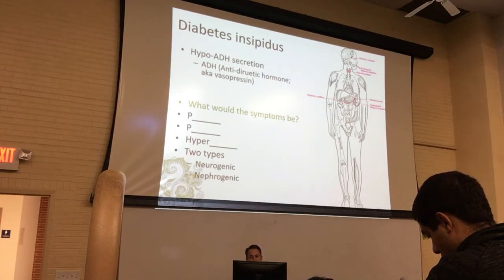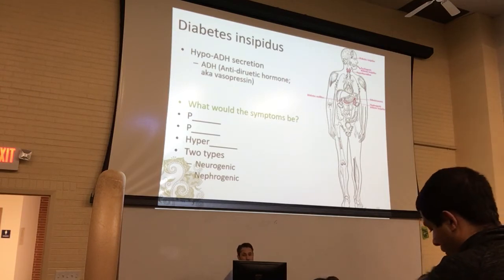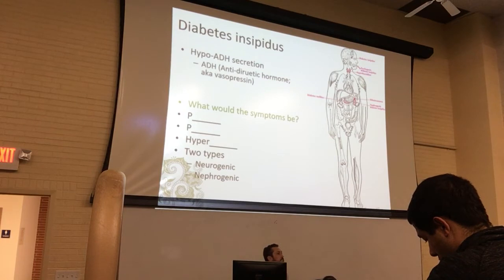Okay? How does this happen? There's two main forms, neurogenic and nephrogenic. Neurogenic is the most common form. That means that it's at the level of the posterior pituitary.